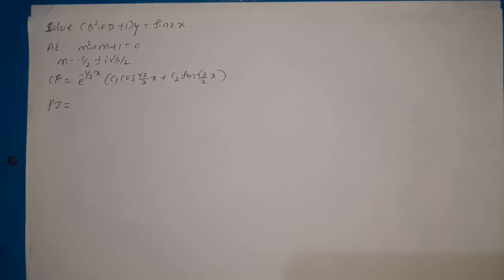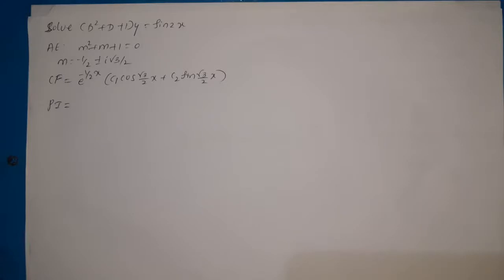Now let us discuss some examples on the second case of particular integral. The first example is: solve (D square plus D plus 1) y is equal to sin 2x. So here, in the previous case, a is what?